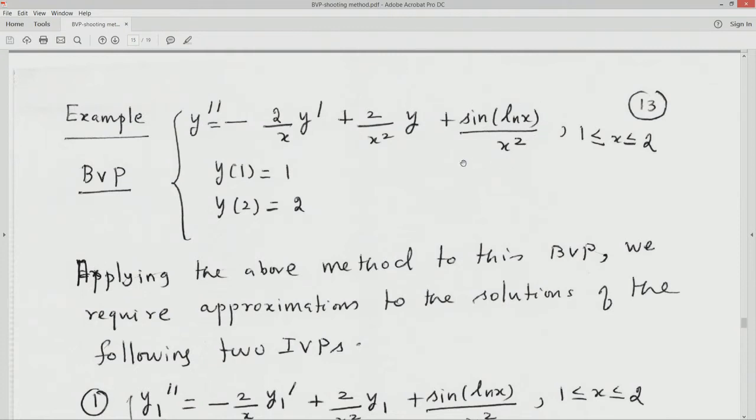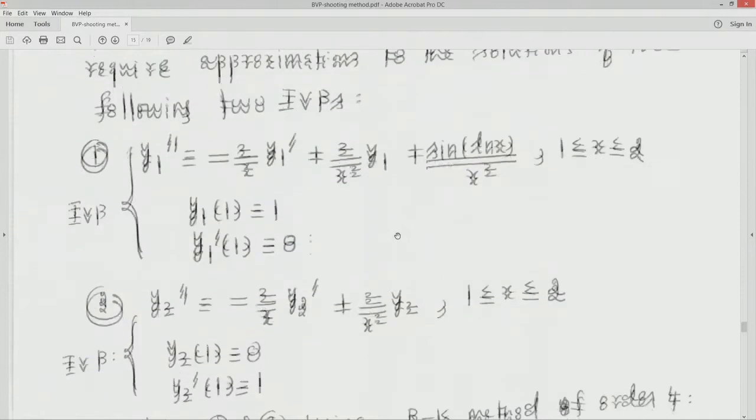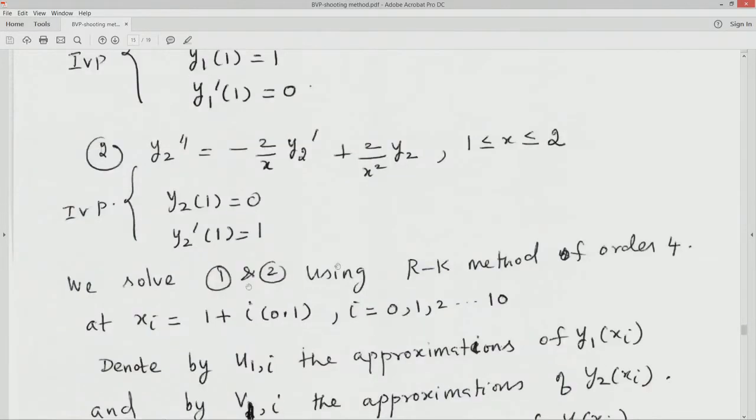So, I must omit this term and consider the corresponding homogeneous differential equation that governs the boundary value problem. So, the equation that governs the second initial value problem is going to be y2 double prime equal to minus 2 by x y2 prime plus 2 by x square y2 for x in the interval 1 to 2.